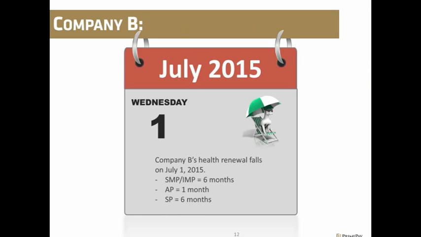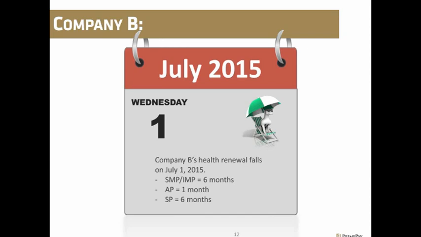So in this example, we now have company B, who has a renewal on July 1st, 2015. On July 1st, 2015, we're going to utilize these parameters. The standard measurement period and the initial measurement period will now only be 6 months. The administrative period will remain at 1 month, and the stability period will also be 6 months.